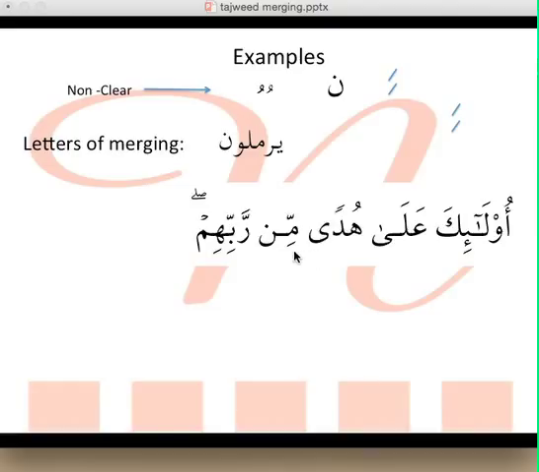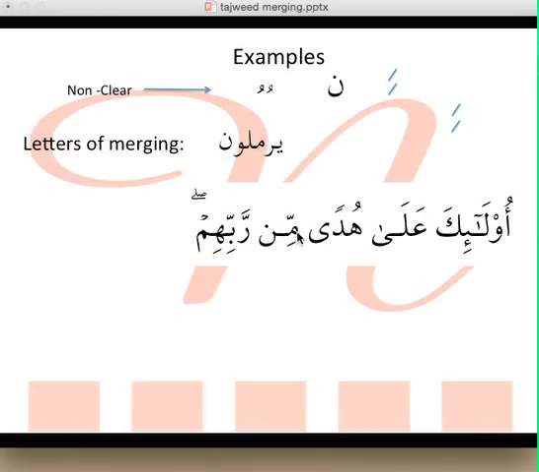Also we've got another rule, which is min rabbihim. Min, this noon is empty without any vowels, and afterward there is ra. Ra is also part of yarmilun, so we have to make idgham. How do we make idgham? We cancel the noon. We don't read it at all.